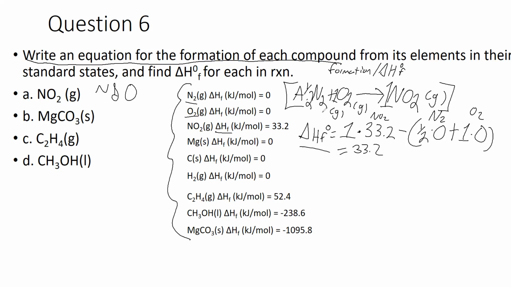If you made 2 NO2, your delta H of formation would be 33.2 times 2, because you would have 2 moles of it, which would be 66.4, which is incorrect, because you would be saying you have to absorb 66 kilojoules of heat to make 1 mole of NO2. So keep in mind, delta H formation, you're making 1 mole of product. That is the definition of that.